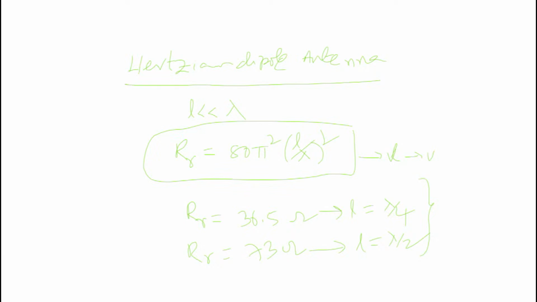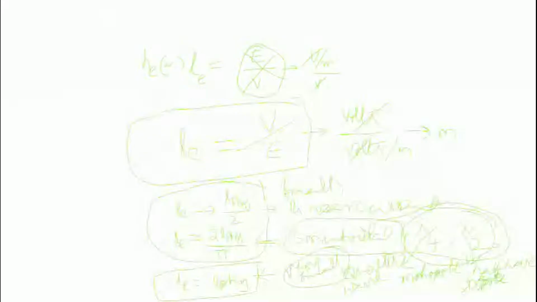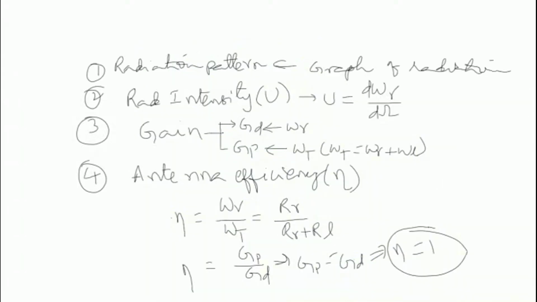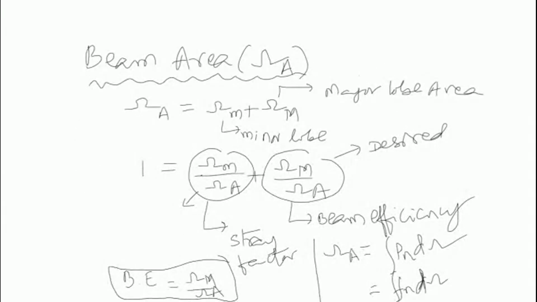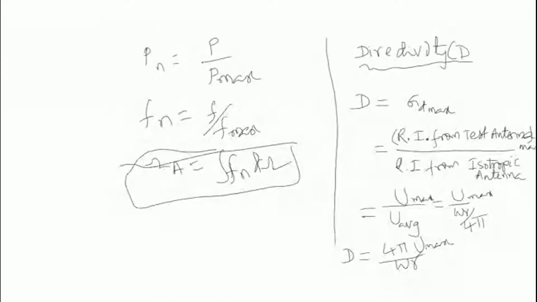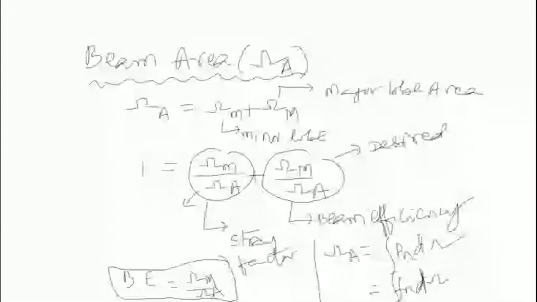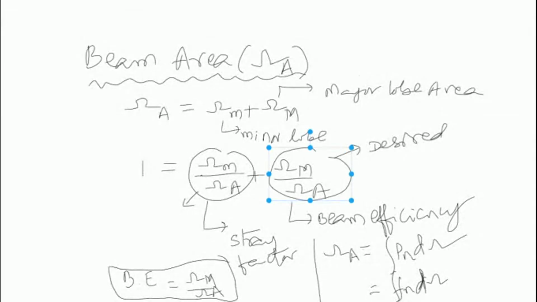In today's class, what have we discussed? First, that is the revision of the class. And then beam area, that is the sum of the minor lobe area and the major lobe area. From that, we defined beam efficiency. Beam efficiency is defined as the ratio of the main beam area to the total beam area, and the remaining factor is the stray factor.